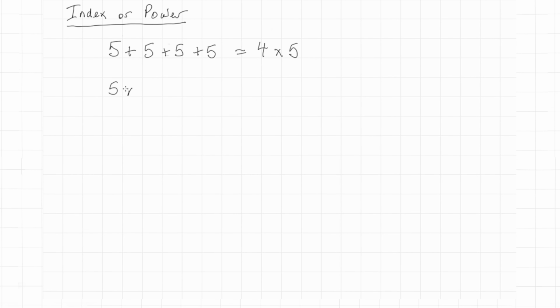If we had 5 times 5 times 5 times 5, we needed to invent some way of writing that in shorthand. So we can't say 4 times 5 there, because 4 5s are 20. This is going to be much bigger than 20.